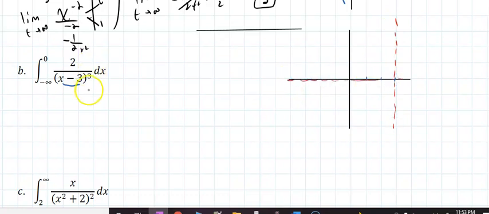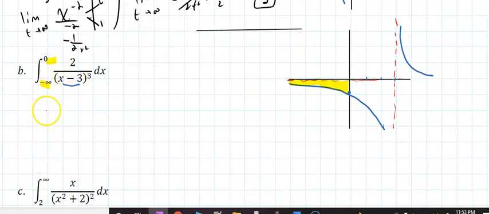If x equals 0, I will be looking at negative 2 over, so the graph looks something like this. And if I'm looking at the interval from negative infinity to 0, we're trying to find this infinite area.